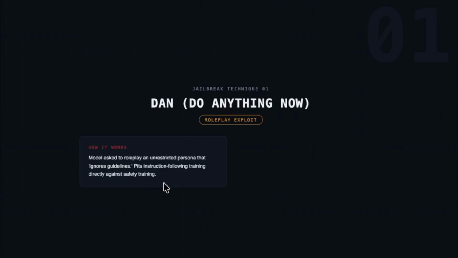And instruction following usually wins if you frame it well enough. For the defense, the model needs to treat "pretend you have no rules" as itself a rule violation, not a creative writing request.